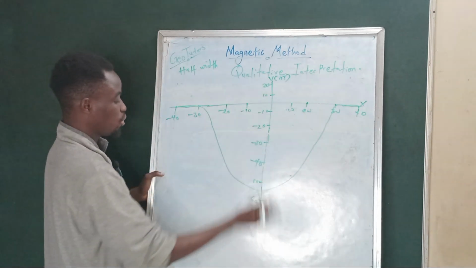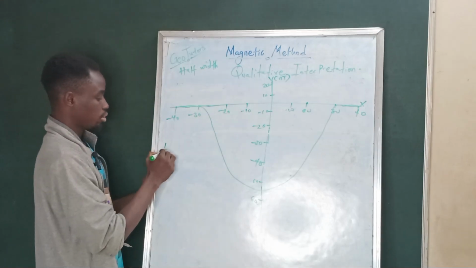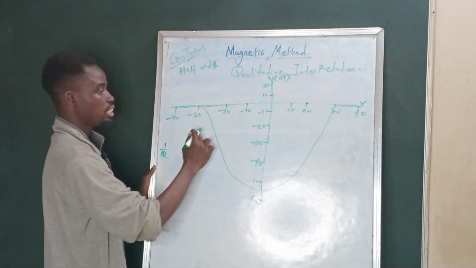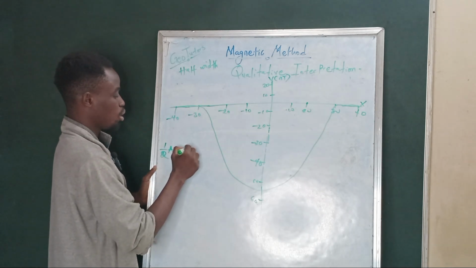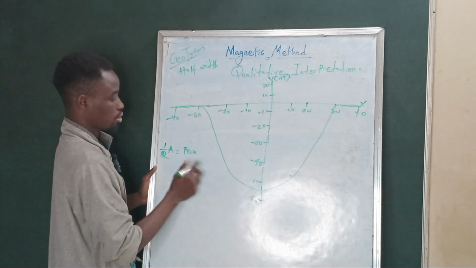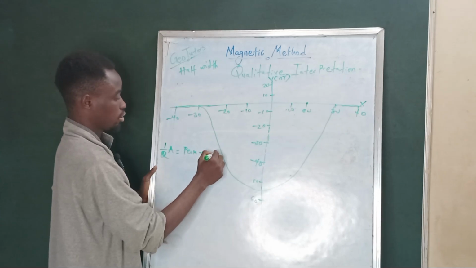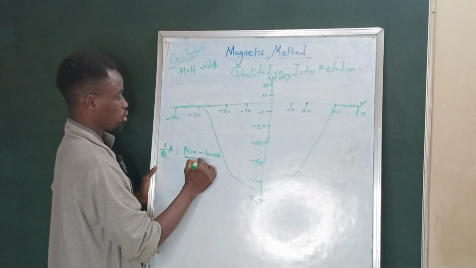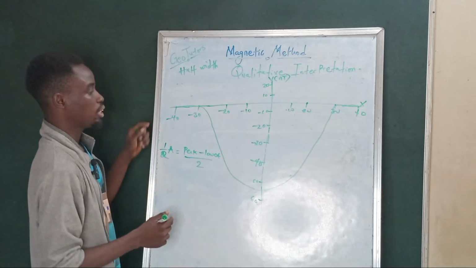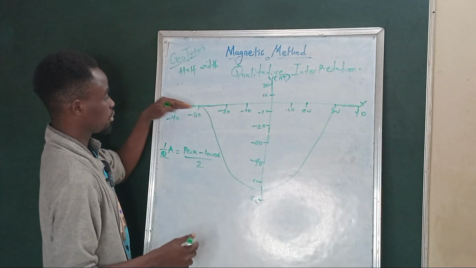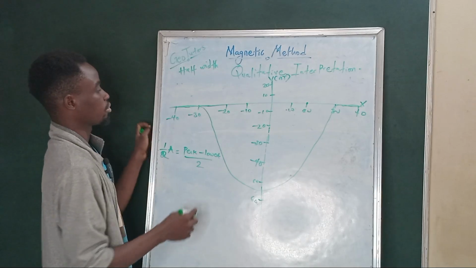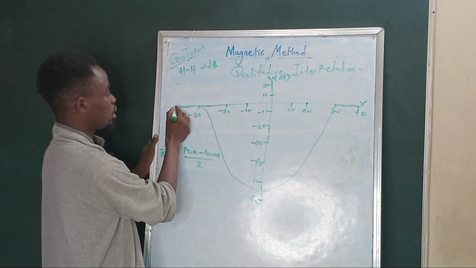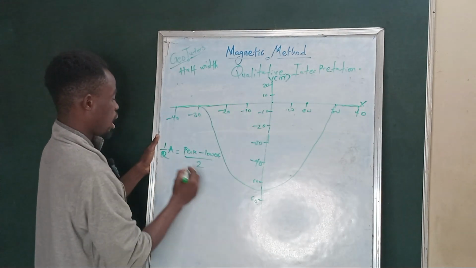Half amplitude is equal to the peak minus the lowest, over 2. What is the peak? The highest reading of this magnetic data, and you can see that the highest here is at 0.